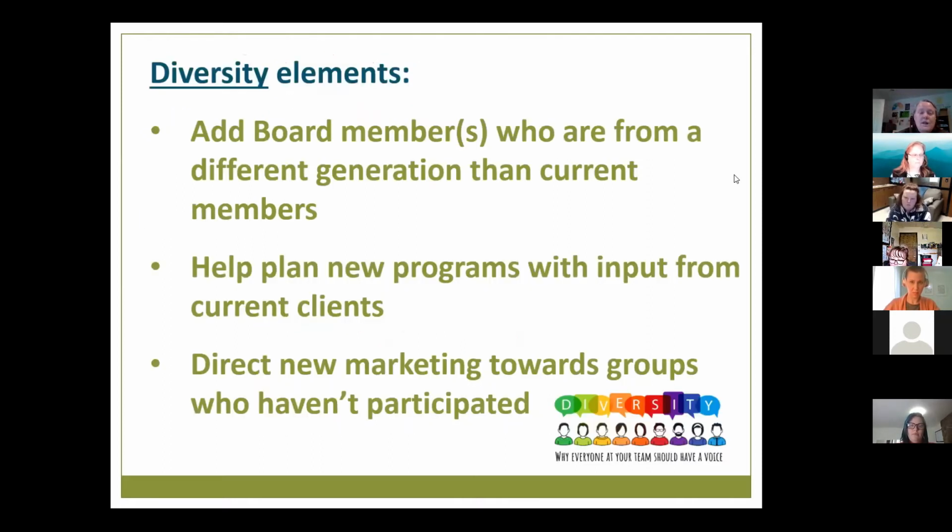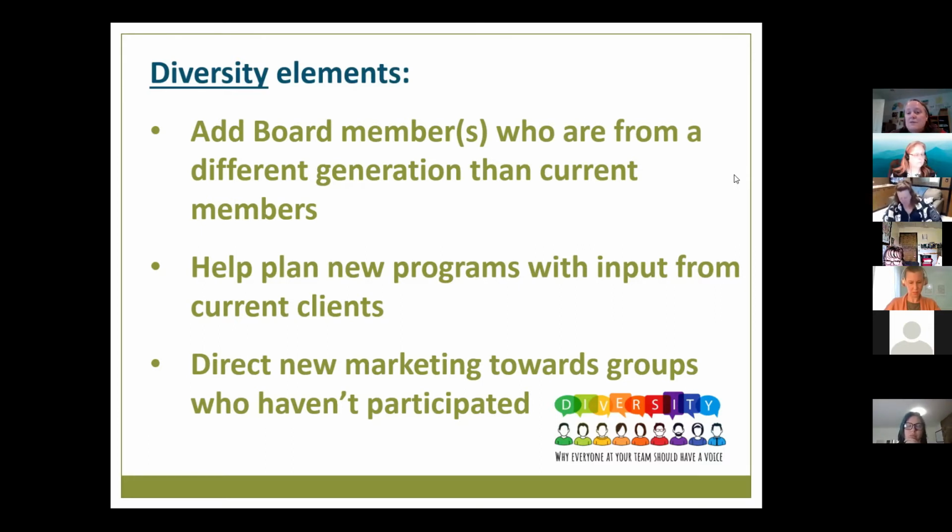Okay, so what I had for ideas, and this wasn't specific to a garden project, but just adding diversity elements. So adding board members who are from a different generation than current members, helping to plan new programs with input from clients, and directing marketing about programming towards groups who haven't participated in the past.